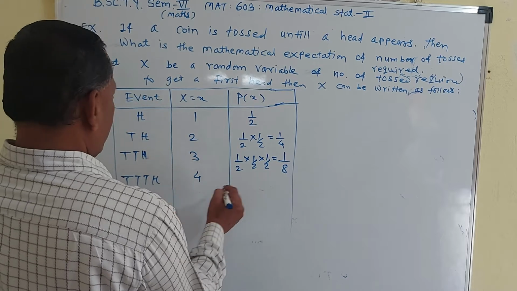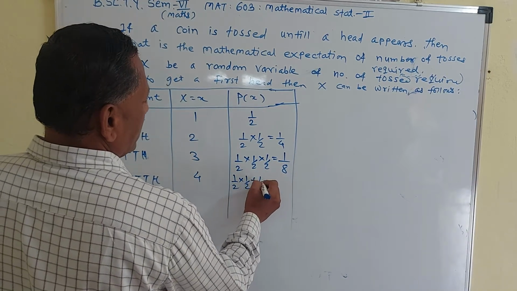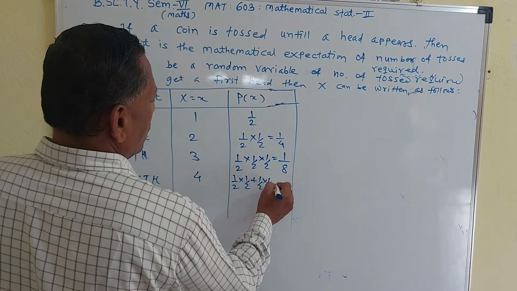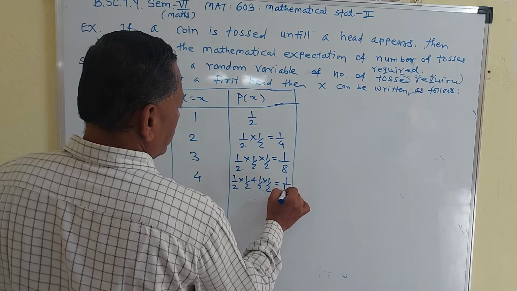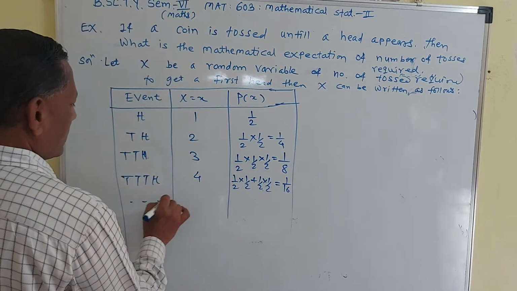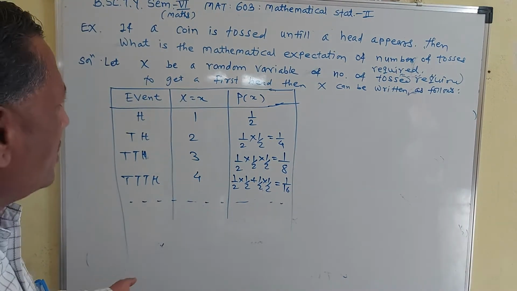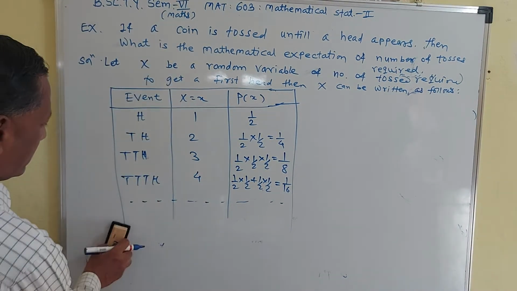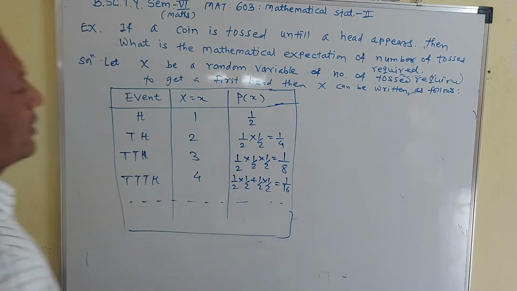Then its probability is 1 by 2 into 1 by 2 into 1 by 2 into 1 by 2, which is equal to 1 upon 16. Continuing in this way, a coin is tossed until a head appears, and so on. And we have to find its corresponding probability.